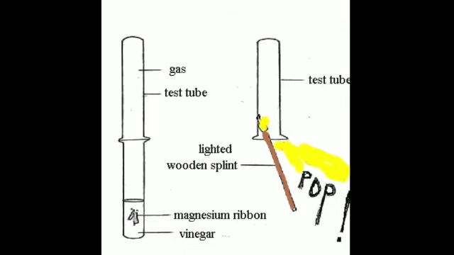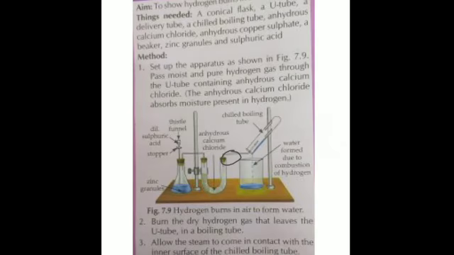So another test was that hydrogen burns with a blue flame in air and forms water. And I told you when I was taking up that I will show you which activity I am talking about. So I told you in this activity when hydrogen was evolved, how it was forming water when it was tested.